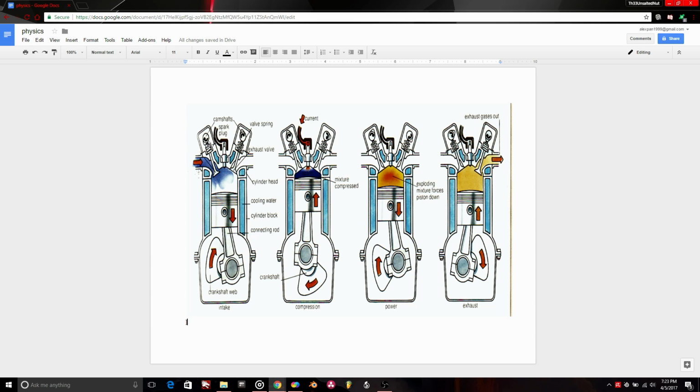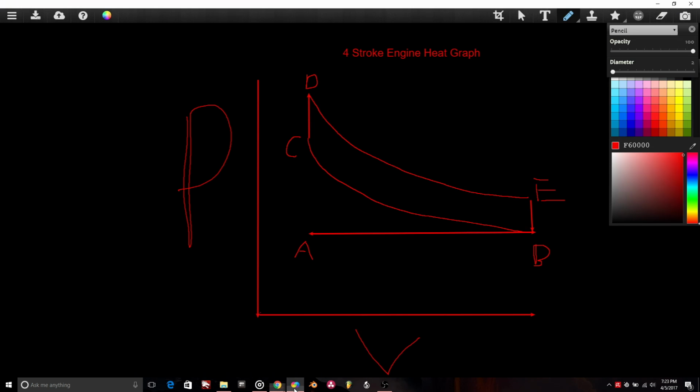So 14 parts air, 1 part fuel. That does work on the piston and pushes it downward, which is pretty much the whole intake stroke. That's why we see in this heat graph we have A to B, which just increases in volume and nothing else. Moving on to the compression stroke.